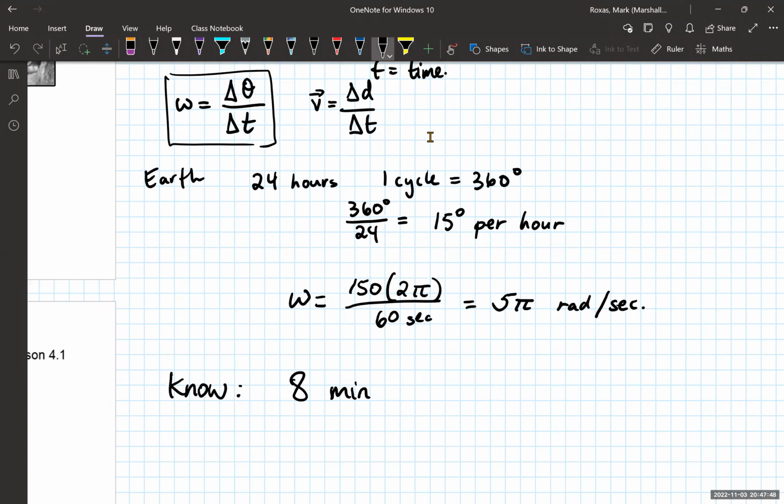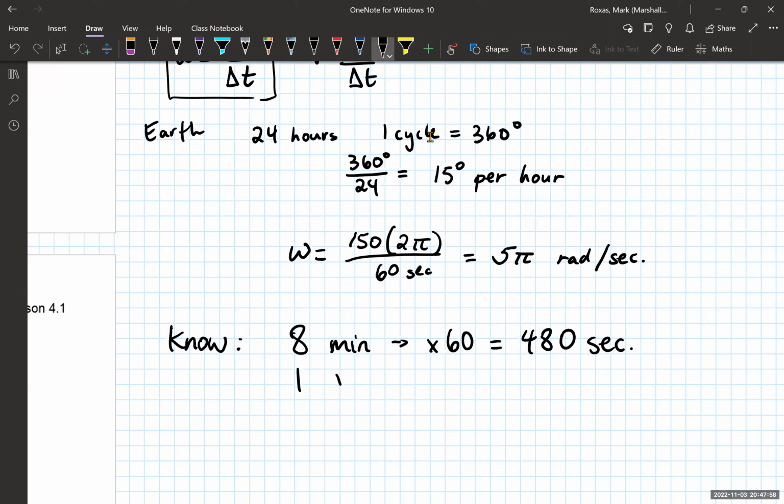If we convert that to seconds, multiply it by 60, 8 times 60 is 480 seconds. And we know 1 revolution of my Ferris wheel in terms of radians is 2 pi radians, and if I multiply 2 times pi, I get 6.28 radians. So we'll do that.